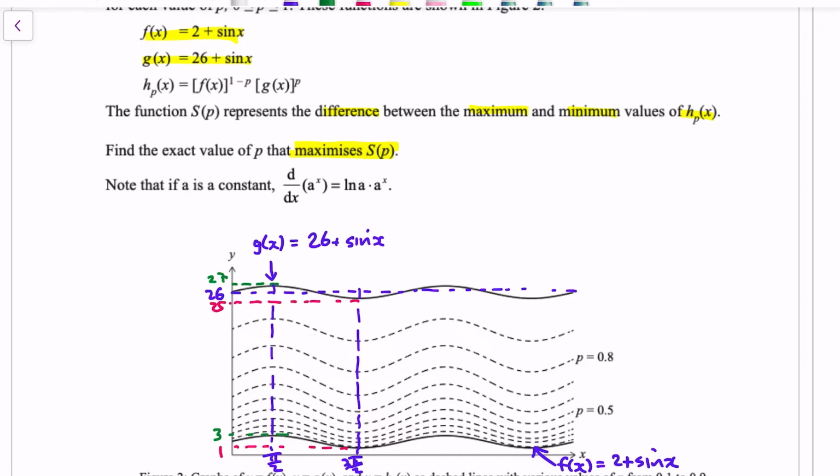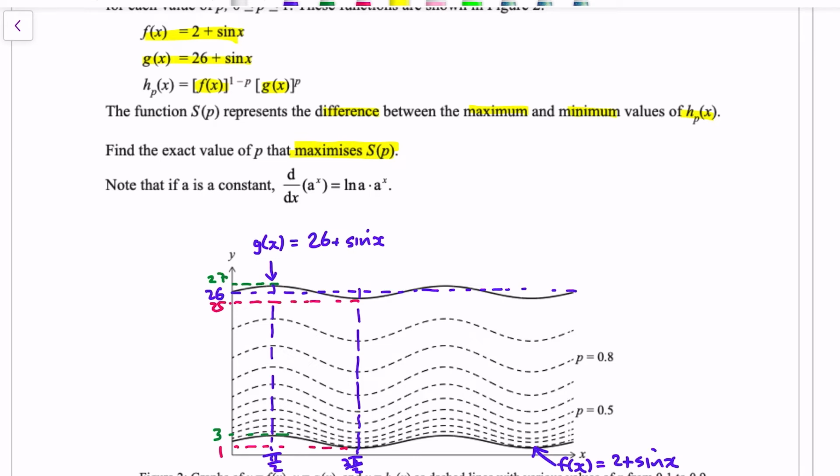And you can see the dashed ones represent h, and the max and mins line up. And that's what I was saying before, that if you're powering f of x and g of x, then the biggest base will generate the biggest value, and the smallest base will generate the smallest value.